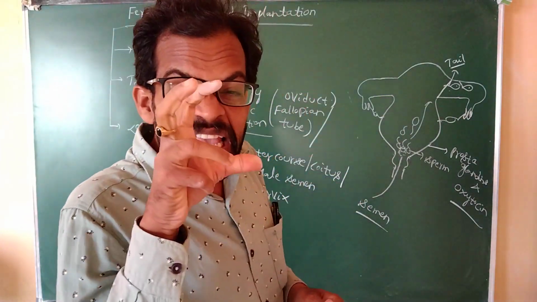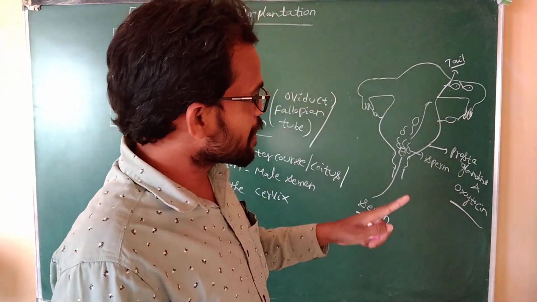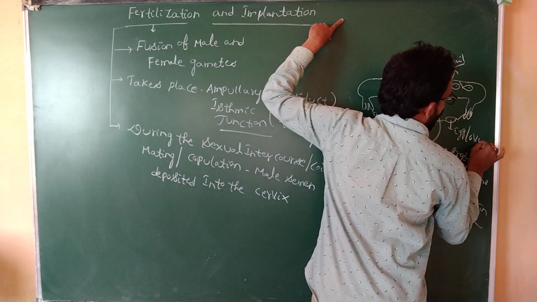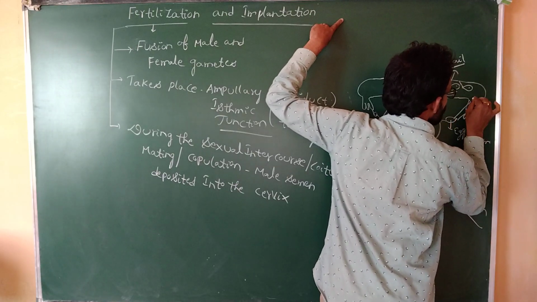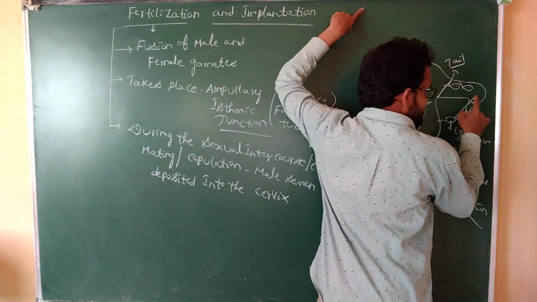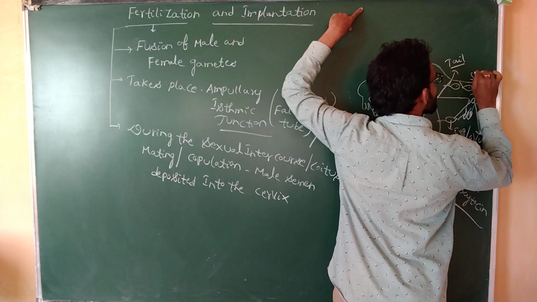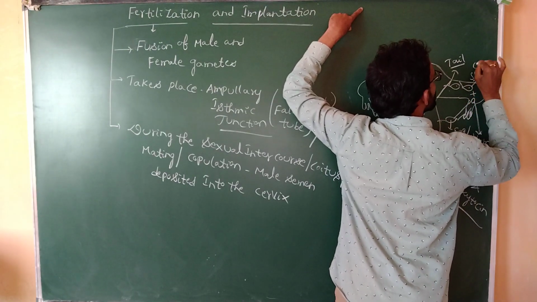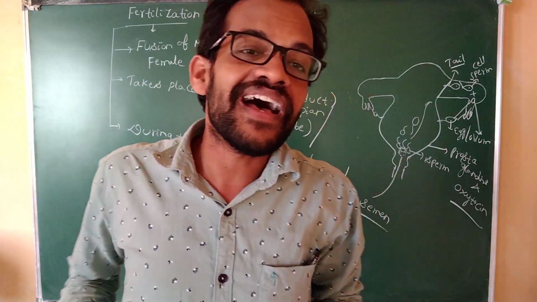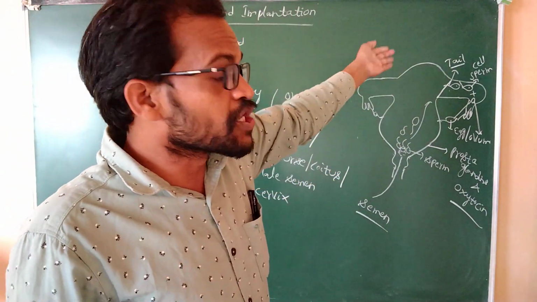At the same time, simultaneously, the sperm cells move into the fallopian tube and the ovary produces the ovum, which also moves into the fallopian tube.